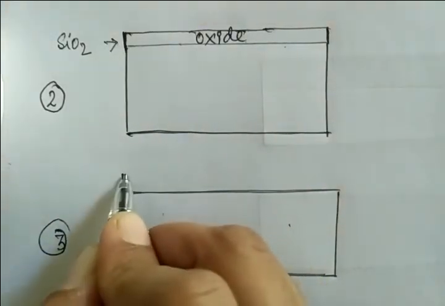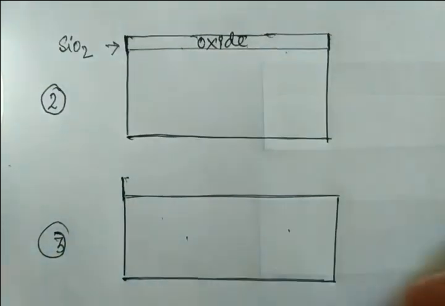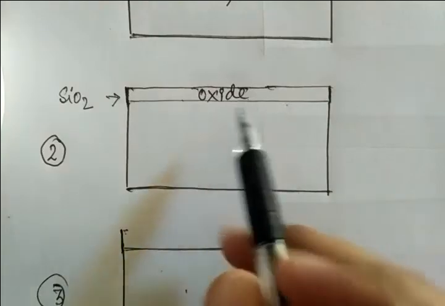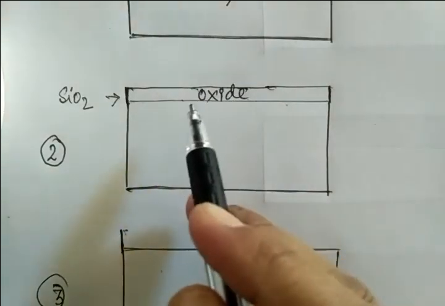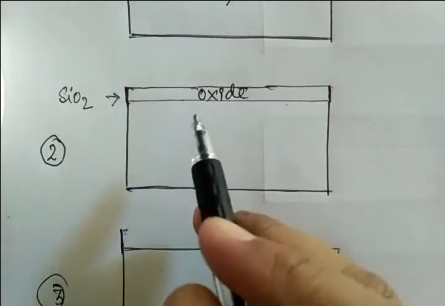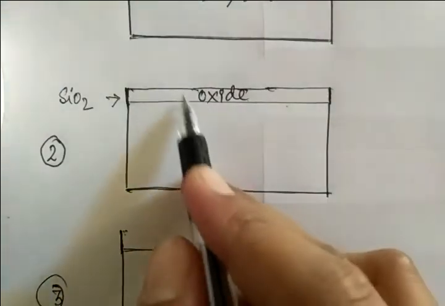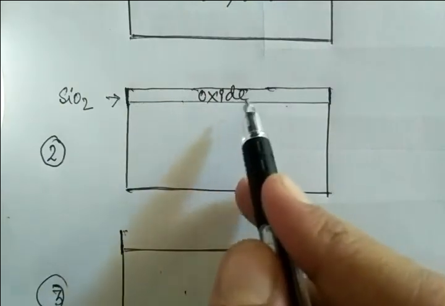One more thing: this filled oxide layer is selectively etched to expose the silicon surface on which this MOS transistor will be created. Selectively etched means the middle portion will not be there.